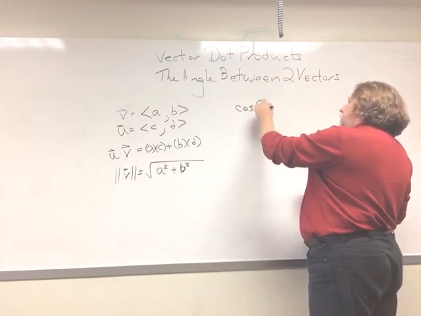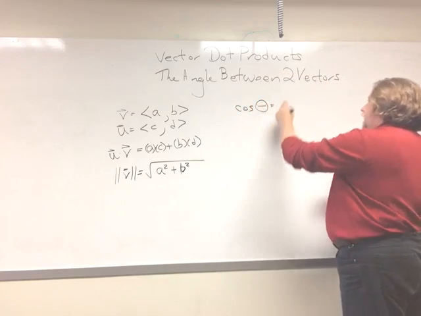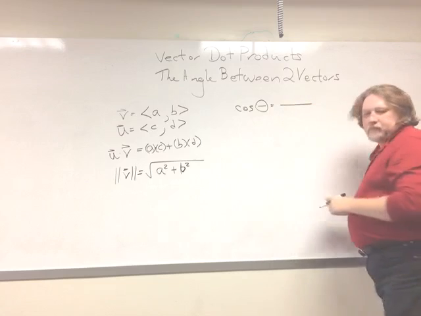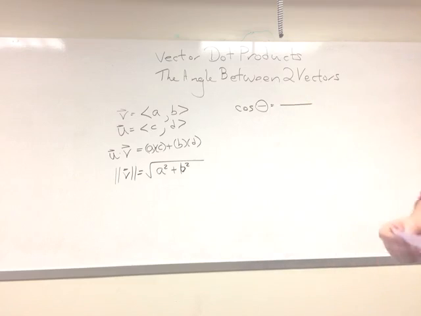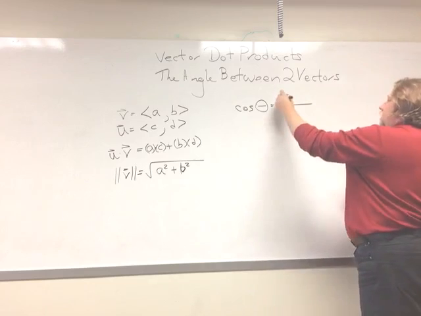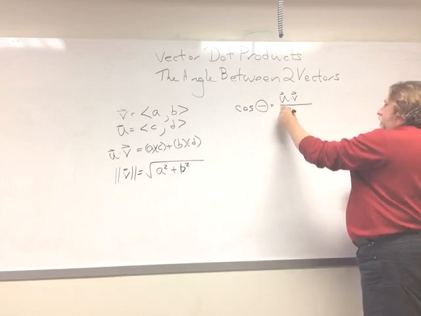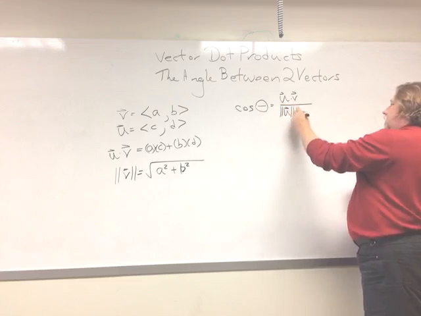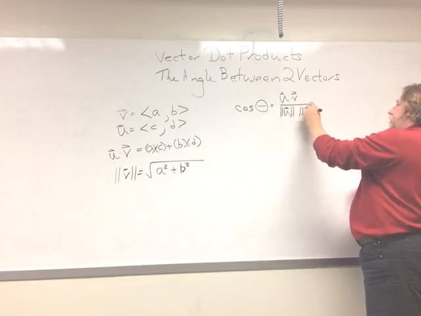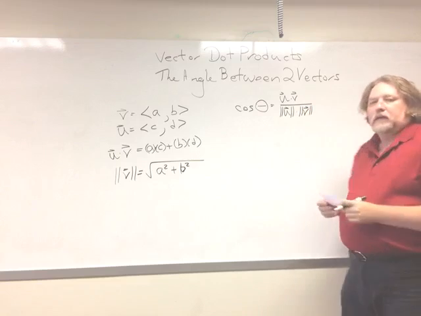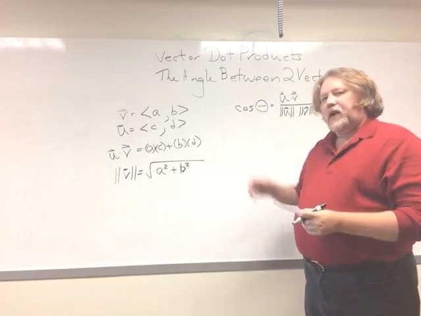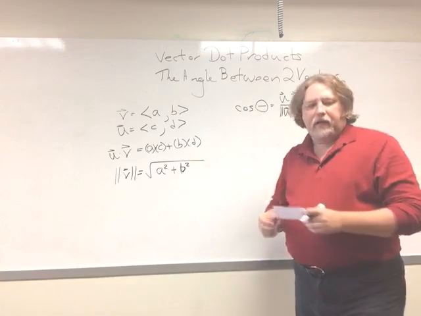Cosine of the angle between the two vectors is u dot v over the magnitude of u multiplied by the magnitude of v. Now that's kind of a complicated formula, so let's get down into it.